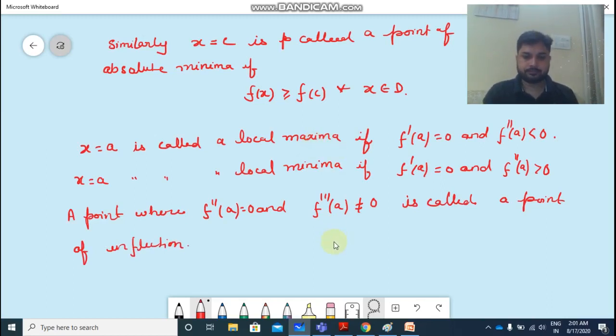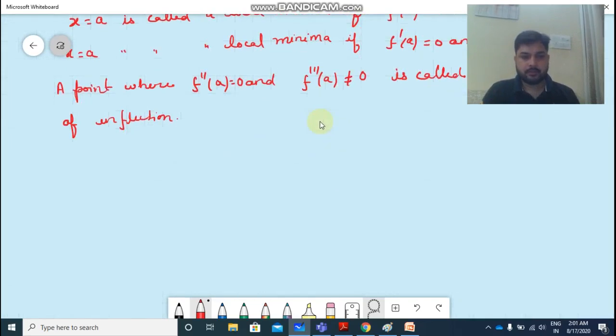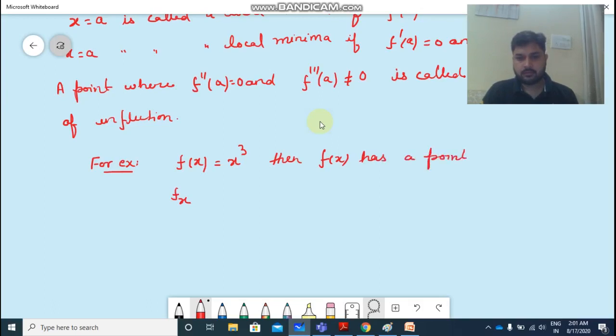For example, if we take f(x) is equal to x cube, then f(x) has a point of inflection at the origin, x is equal to 0.